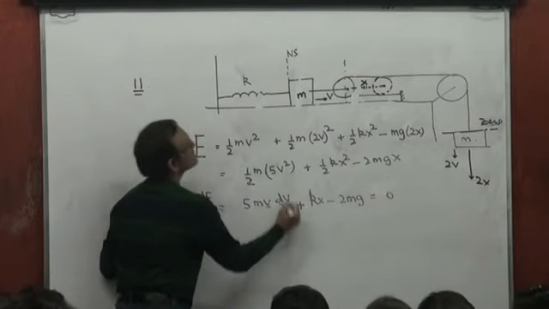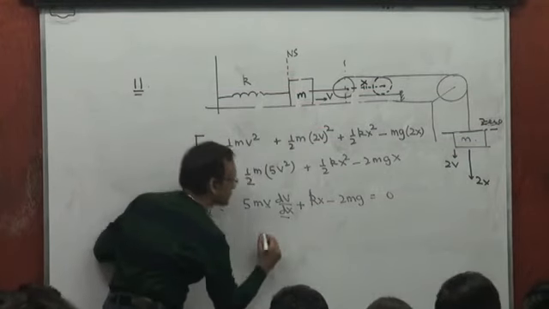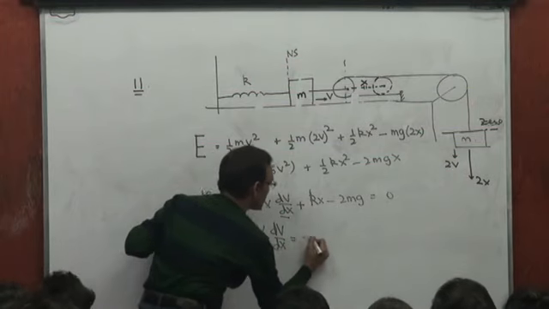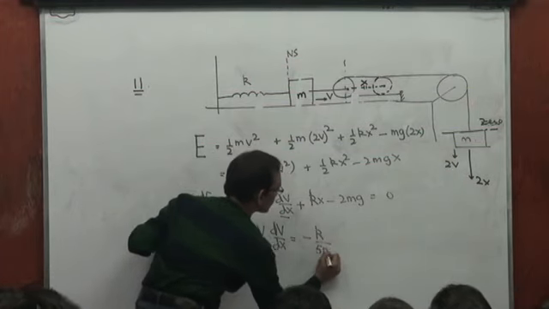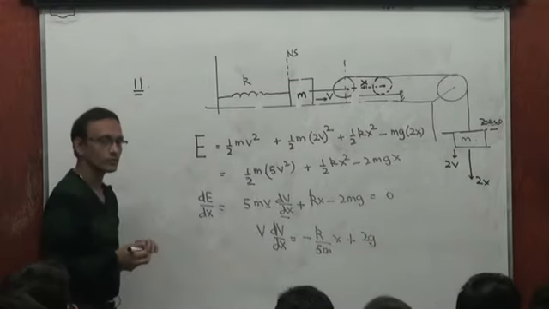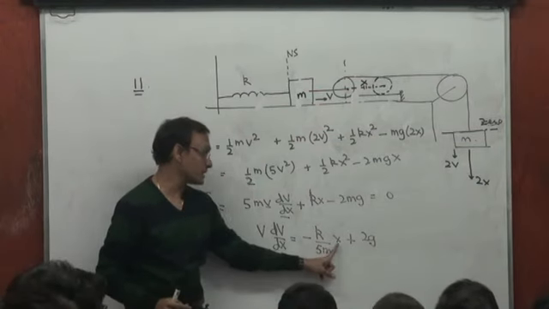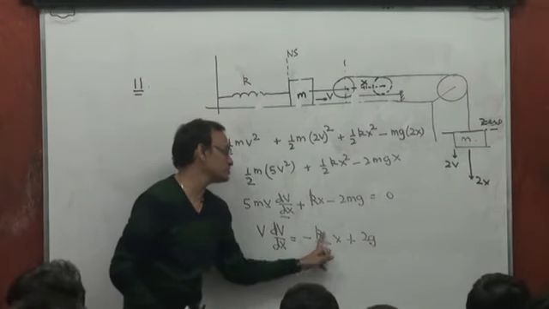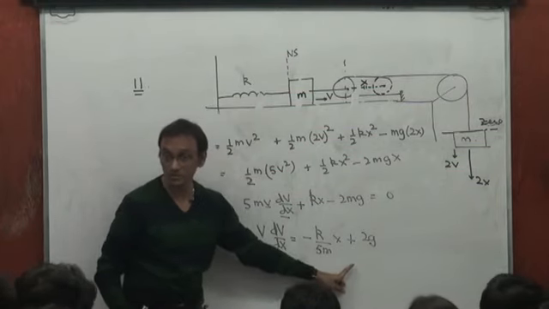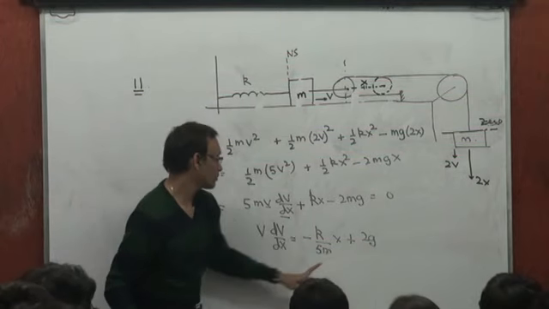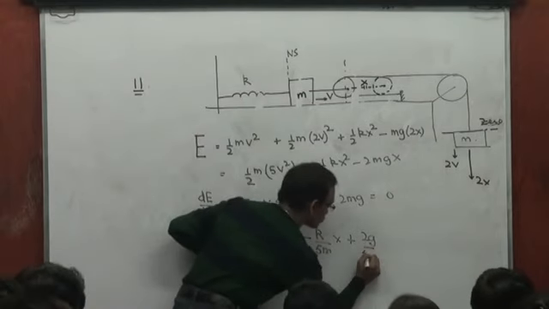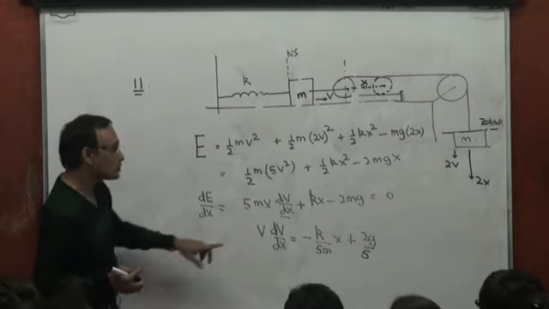So v dv/dx is the acceleration of this mass. So v dv/dx is minus k by 5m times x plus 2g by 5. The equilibrium position can be obtained by plugging in this equal to 0. Sorry, I'm so sorry, 2g by 5.